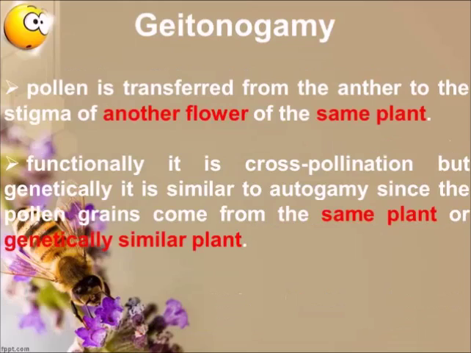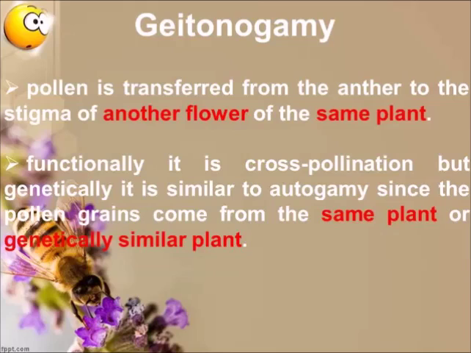In contrast, if the pollen grains from the anther of one flower land onto the stigma of a different flower of the same plant or genetically similar plant, remember same or genetically similar, then the condition is called Geitonogamy. Unlike autogamy, Geitonogamy requires a pollinating agent.